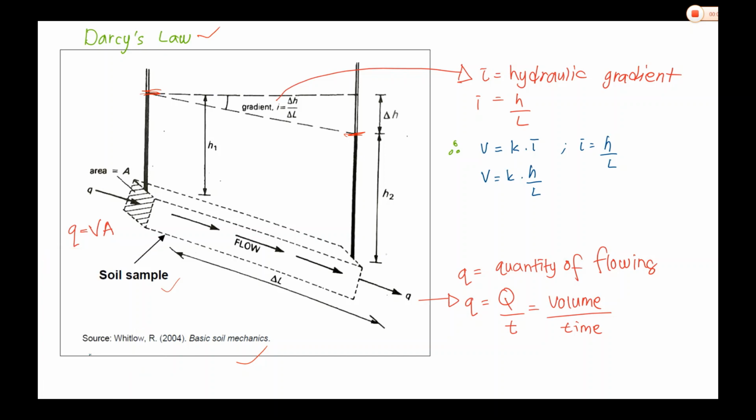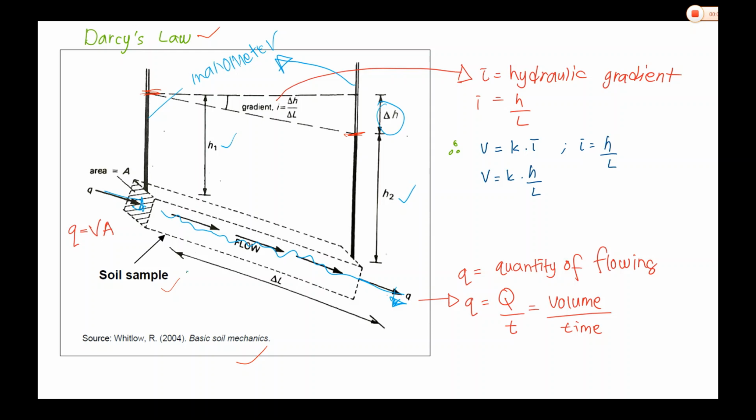So water will flow, okay, dari higher level kat sini, dia akan masuk, mengalir, and then coming out at here. So when we tap with the manometer, okay, so kita tap dengan manometer, samalah yang ni, yang ni pun manometer. So kita akan tengok there is delta H difference antara H1 to the H2.